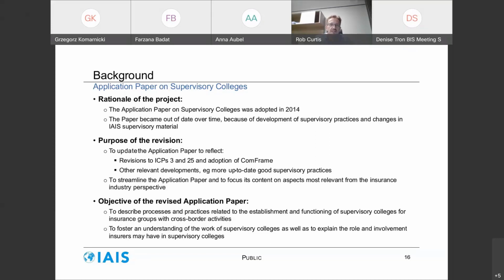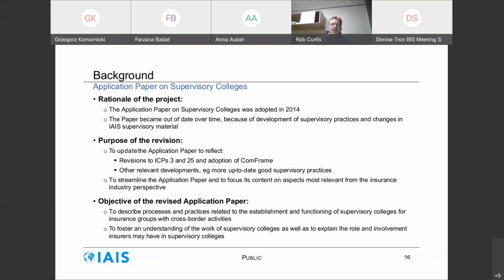So the objective of the revision was to reflect the revised ICPs, in particular ICP 3 and ICP 25, as well as the ComFrame material. The organisation of supervisory colleges and supervisory cooperation within colleges is also evolving, and therefore we wanted to make sure that the paper reflects up-to-date supervisory practices. Due to the volume of changes, the revised paper is presented only in a clean version.